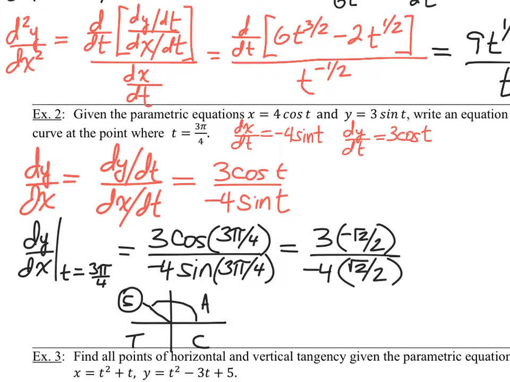If we simplify, these would cancel, the negatives would become positive, and we would just end up with 3/4. All right, so that's the slope of the tangent line when t is equal to 3 pi over 4. Based on situations we've evaluated like this, converting it to rectangular form, we're looking at an ellipse.